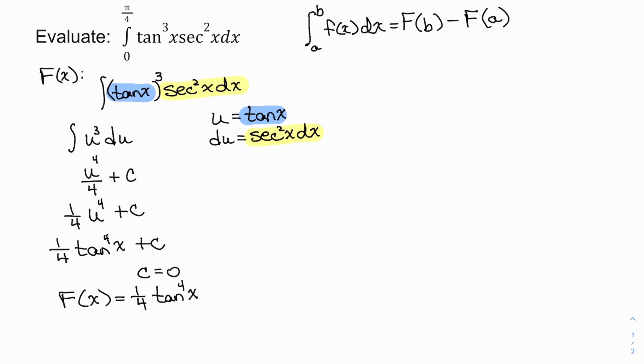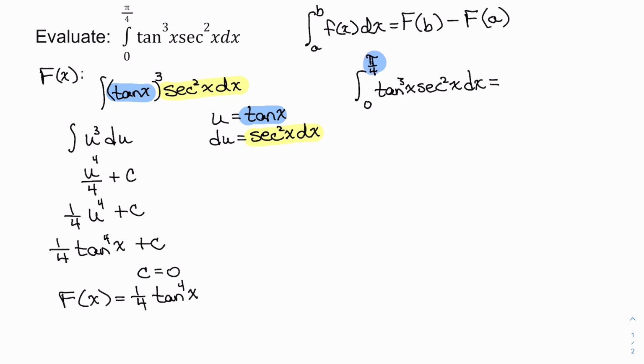Now let's come over and do our definite integral. So we have the definite integral from 0 to pi over 4 of our tangent cubed x secant squared x dx. We are going to evaluate our antiderivative at the upper limit of integration.